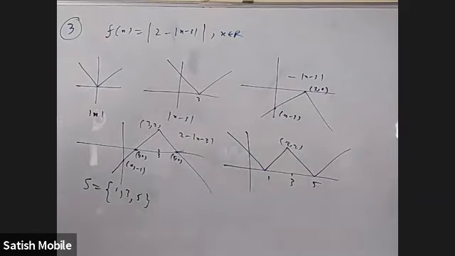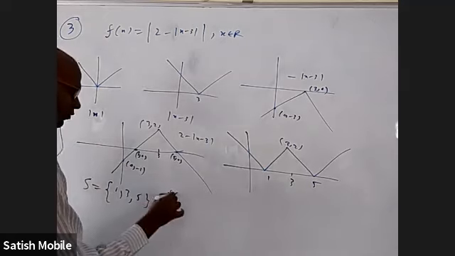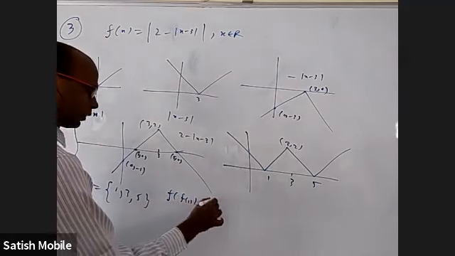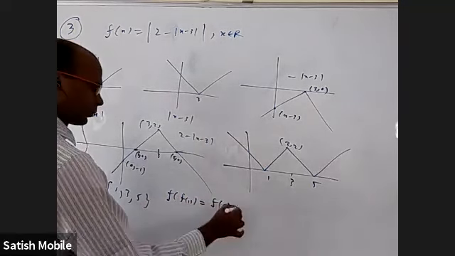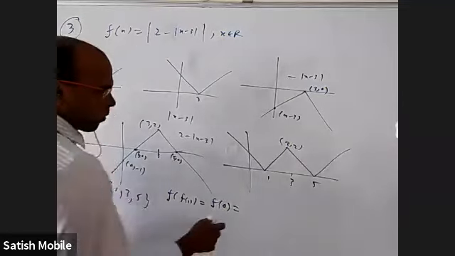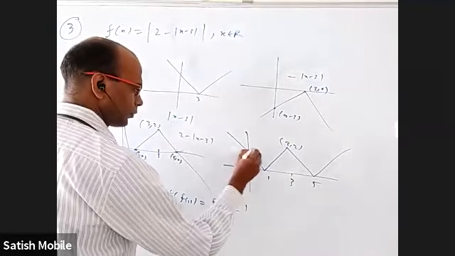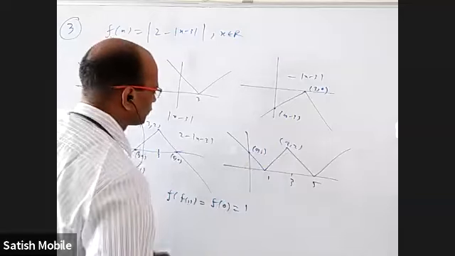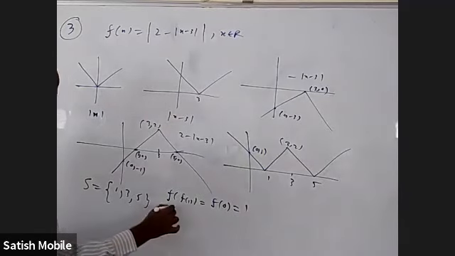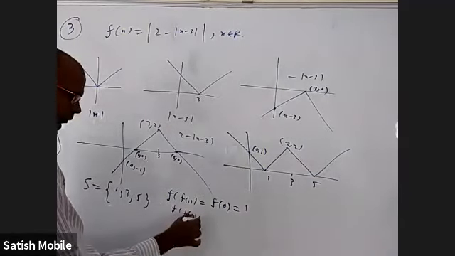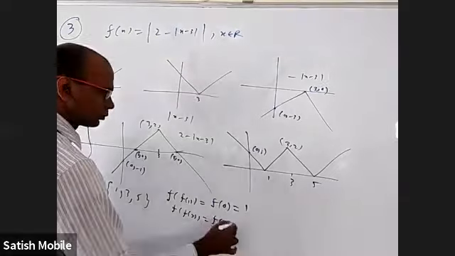Now, they want f of x. So we have to find f of 1. F of 1 is 0. And what is f of 0? 1, because this point is 0 comma 1. What is f of 3? F of 3 is 2.